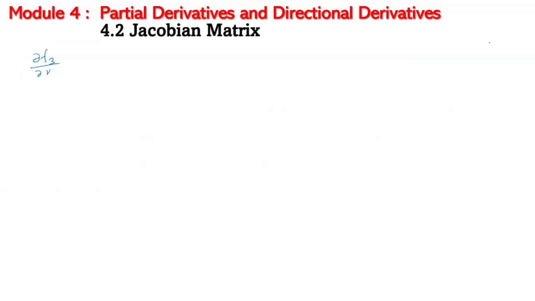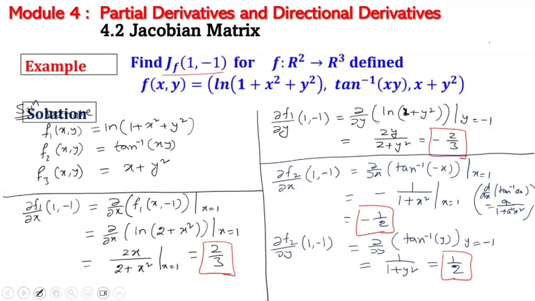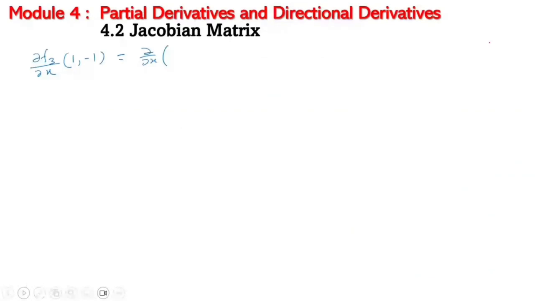Del f3 del x at the point (1, -1). So this is equal to del del x of, so our function was x plus y square.